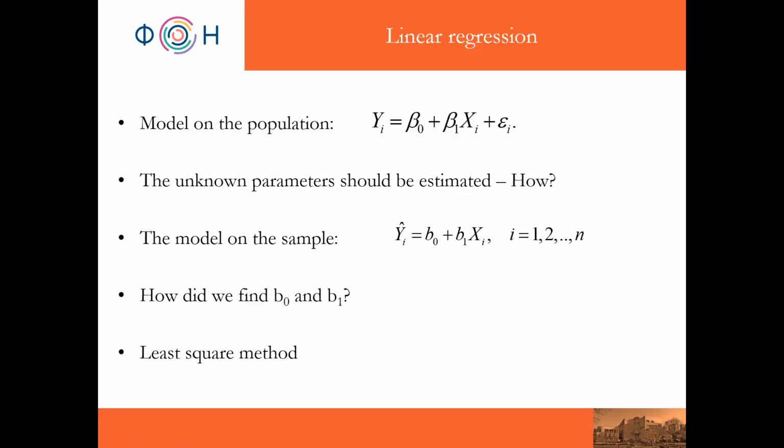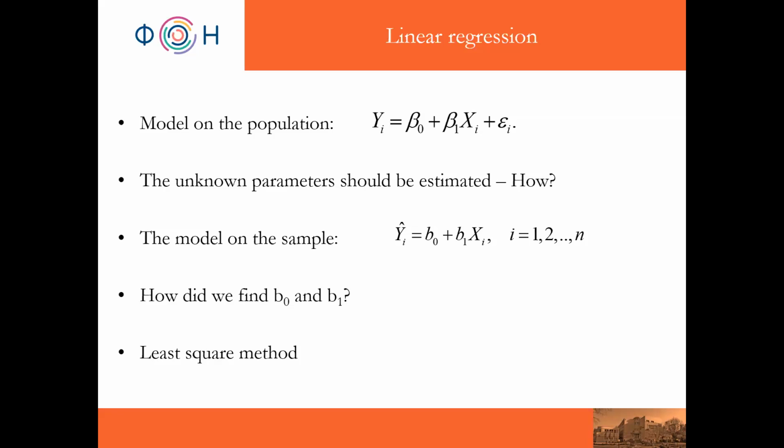The formula that we talked about is our linear regression model on the population. In statistics, we usually don't know the true values on our population. Just to distinguish between the population and the sample: the population is related to each and every potential participant which we can have in our research.